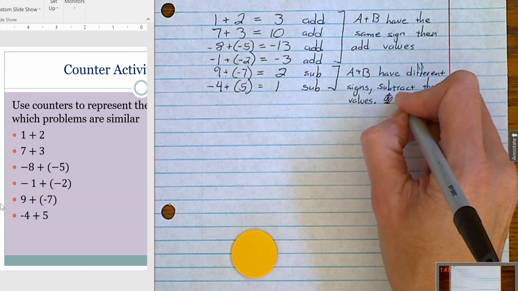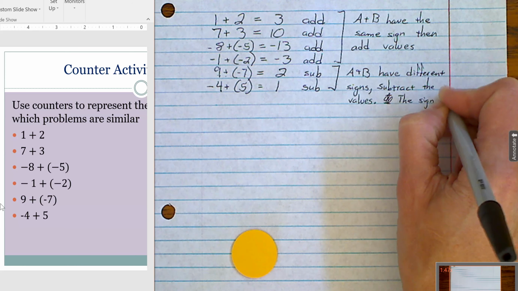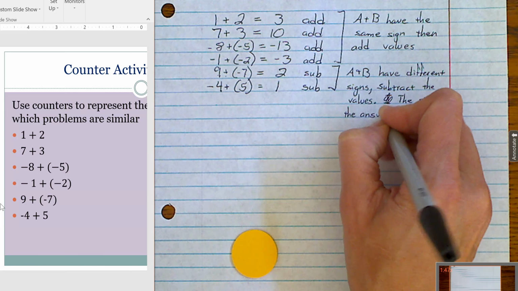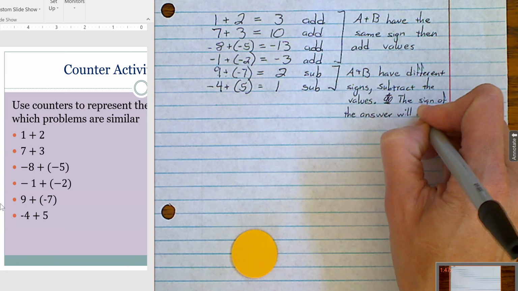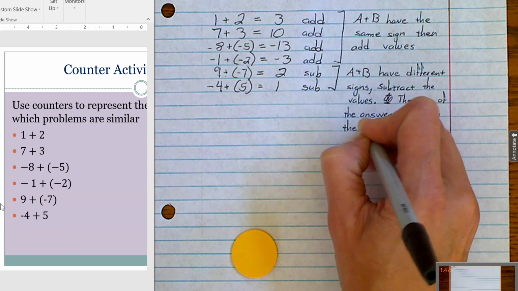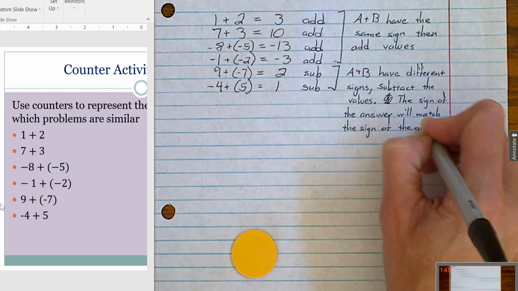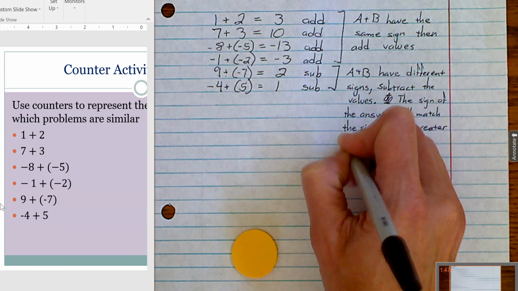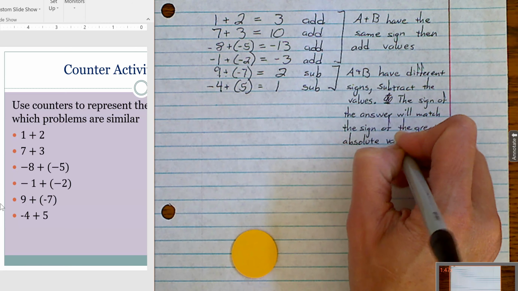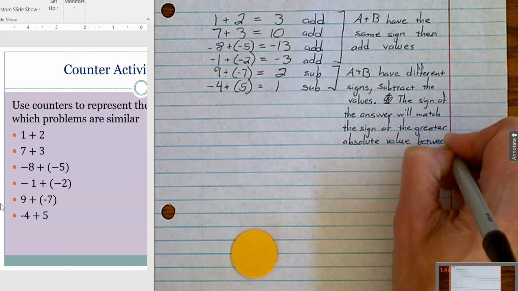A way to say this is the sign of the answer will match the sign of the greater absolute value between A and B.